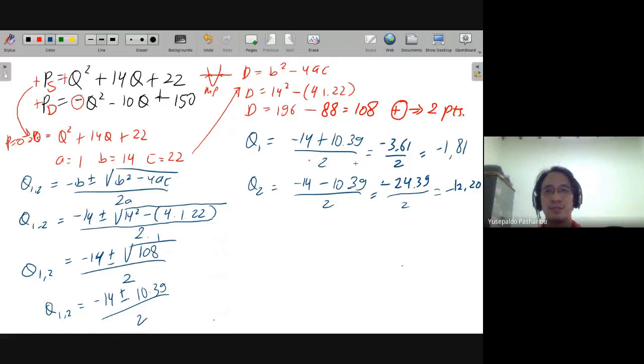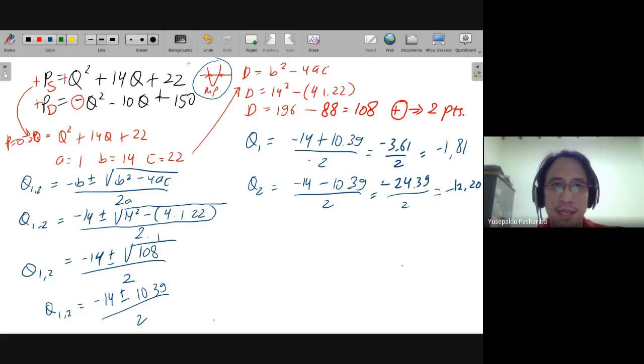Yeah, we have 2 coordinates. So we have this picture actually. Maximum point? Oh, no, there is no maximum point yet, this is the information of the square root.